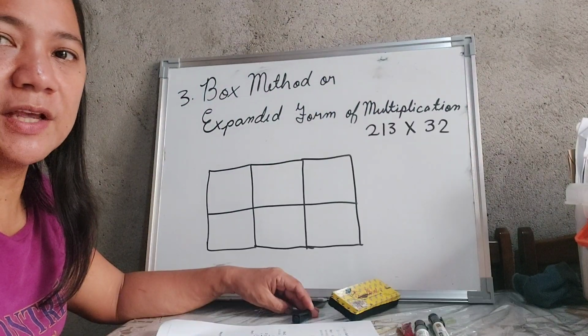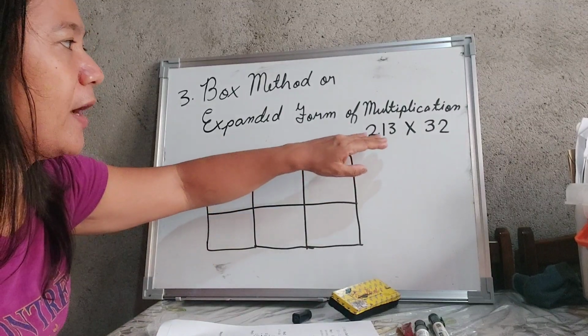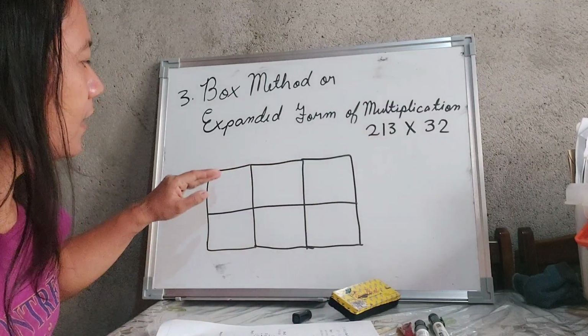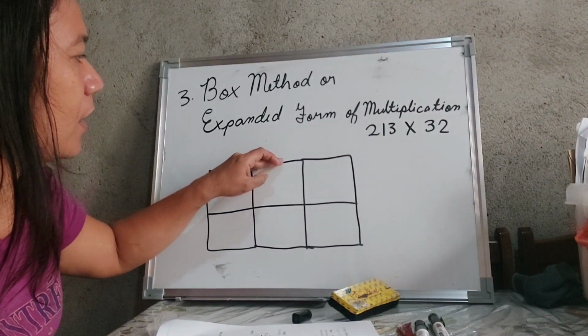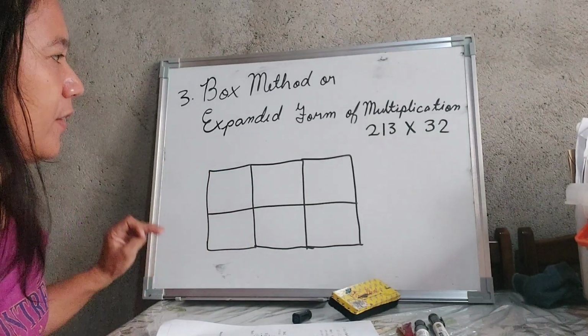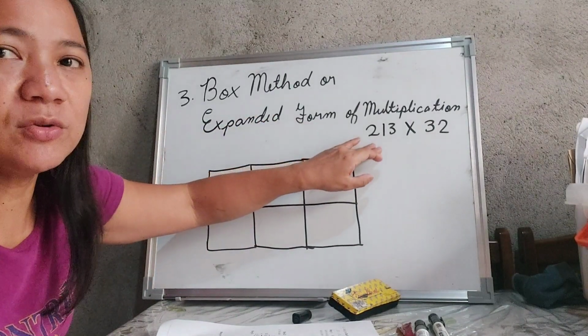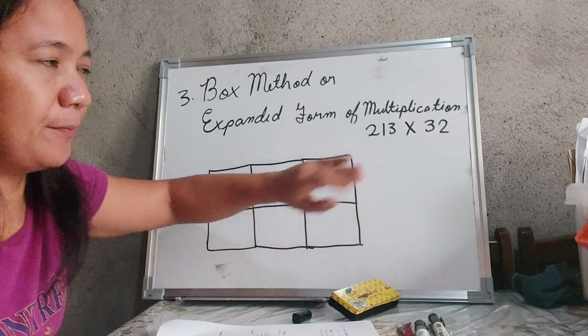So the first thing that we will do is to write down the multiplicand on the top of the column. So we will write them into the expanded form.